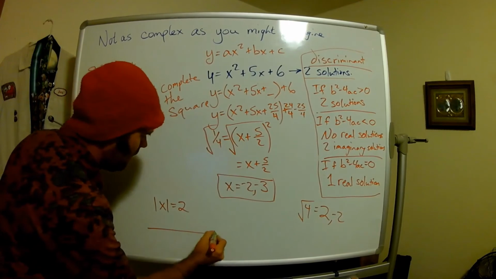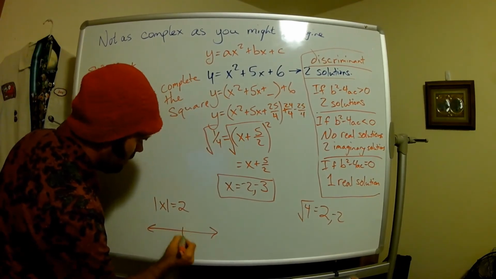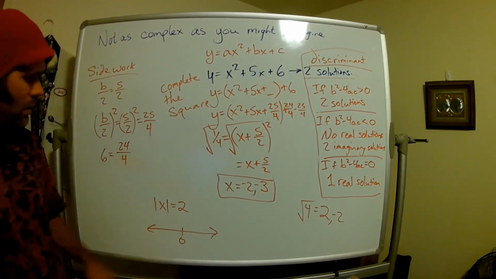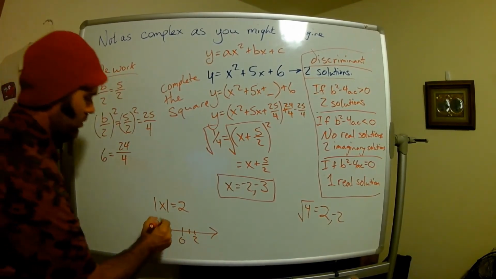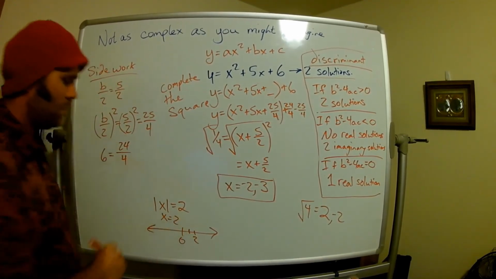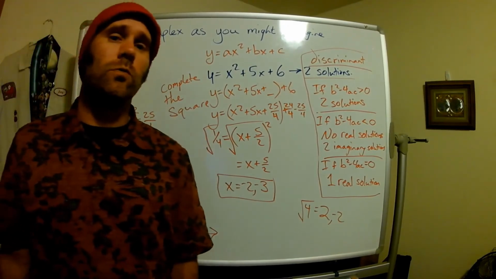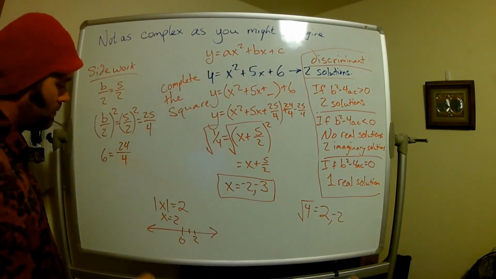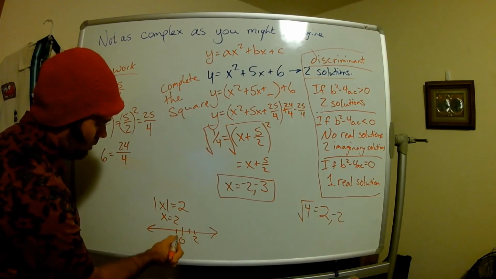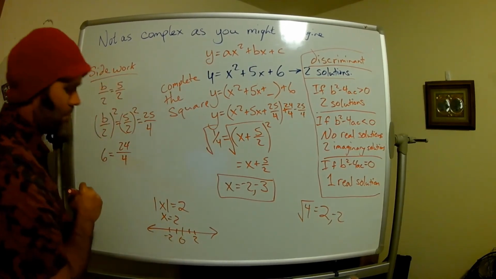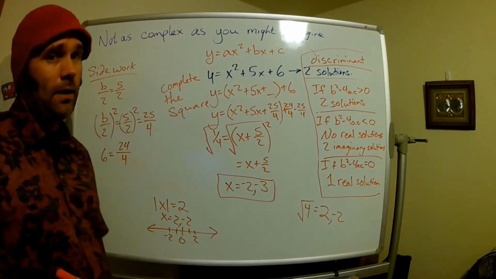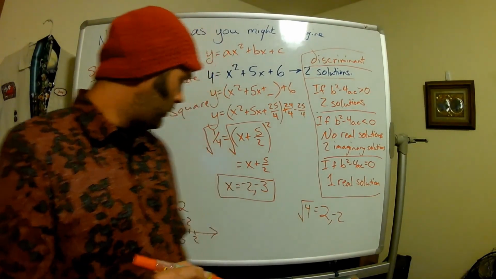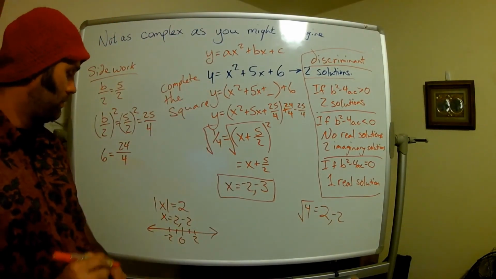You say, wait a second, 0 is there. 2 away is 2, so x must equal 2. True. You say, whoa, negative 2 is also 2 away. That's right. X is 2 and or negative 2. They're both 2 away from 0.